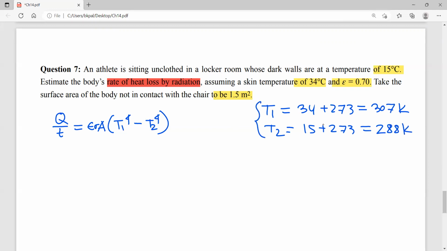Many students forget to do that. Okay, now epsilon is already given, that is 0.70, and that is the Stefan-Boltzmann constant. We can get the number from the textbook, and that is this.